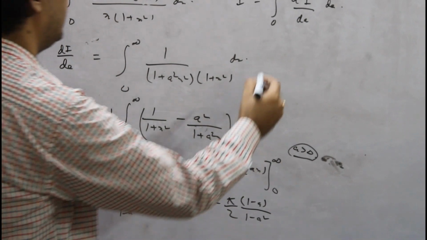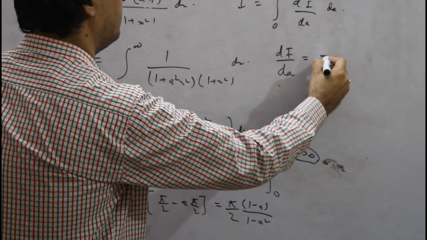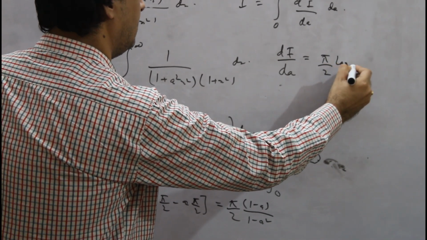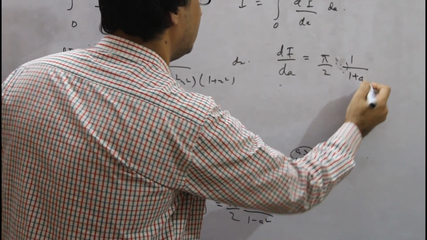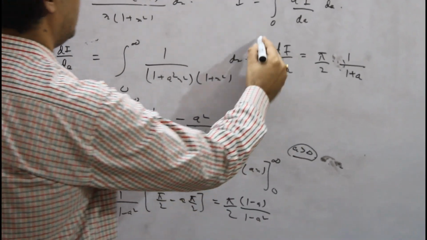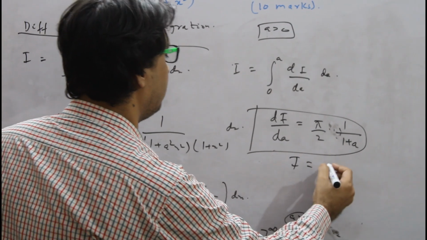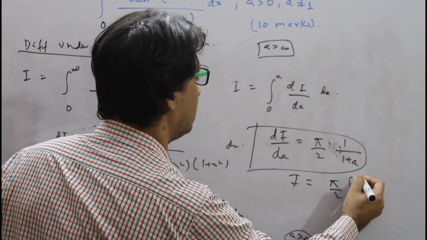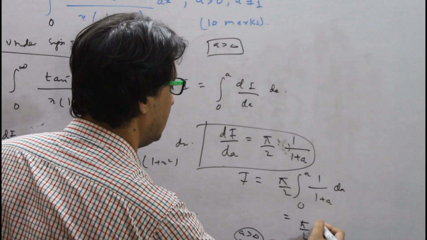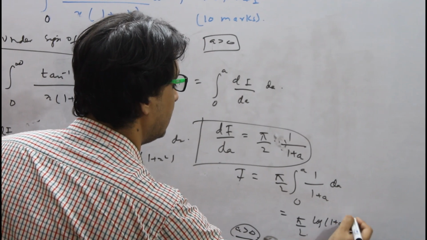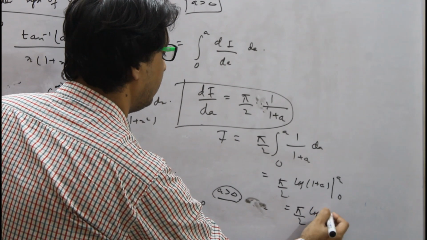So what I get is dI by dA equal to pi by 2 times 1 by 1 plus a itself. So I will just plug this value in this integral. I is equal to pi by 2 integral 0 to a 1 by 1 plus a dA. So this is my pi by 2, and the integral of this one is log 1 plus a, with limits 0 to a. So this will be again pi by 2 log 1 plus a.